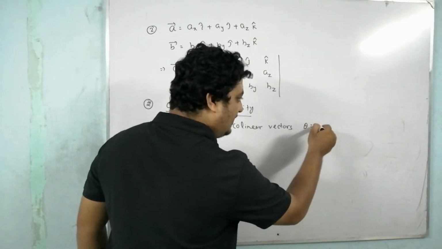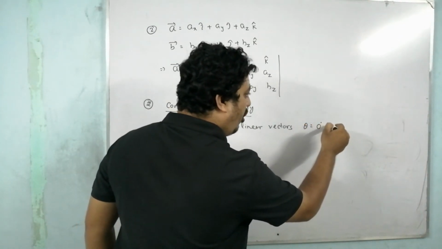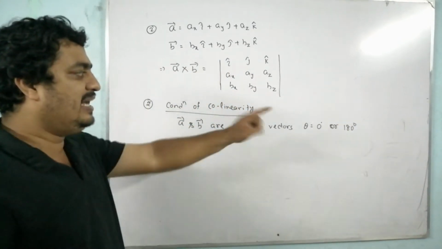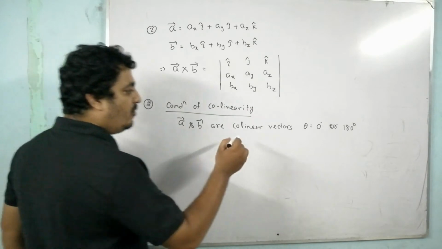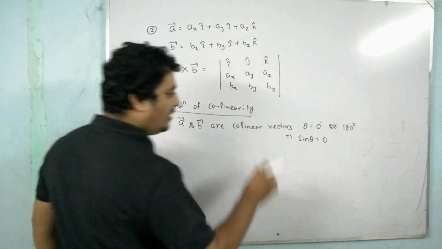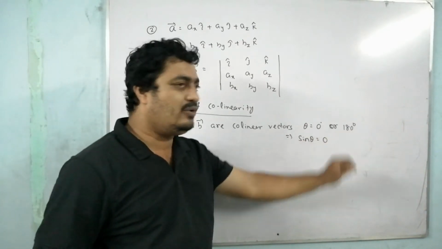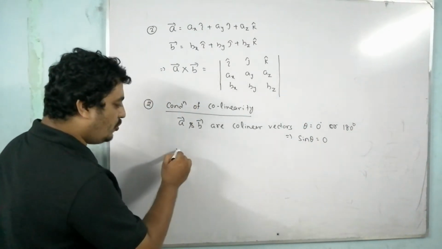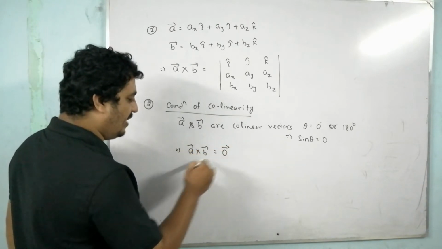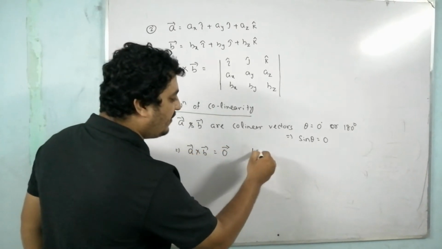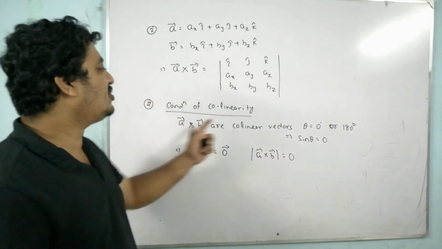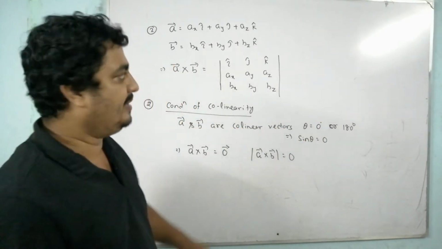If they are parallel, the angle is 0 degree, or if they are anti-parallel, the angle between A and B is 180 degree. Now that implies sine theta will be 0 because sine 0 is 0 and sine 180 is 0. So we can say A cross B equal to 0 vector, or mod of A cross B equal to 0. So this is called condition of collinearity.